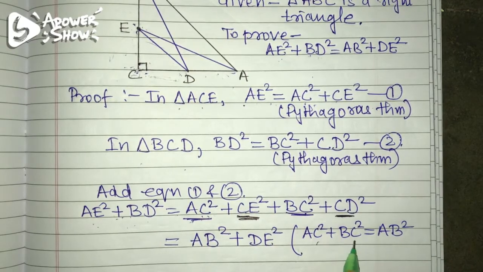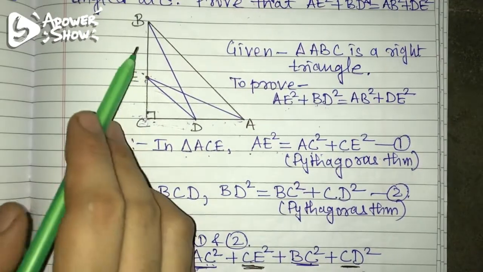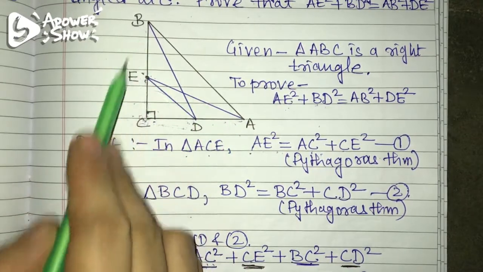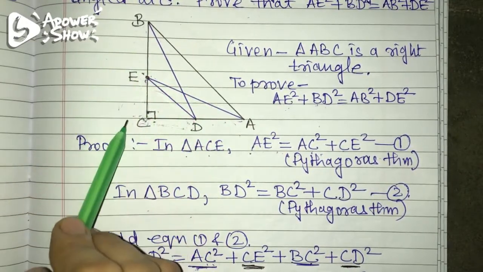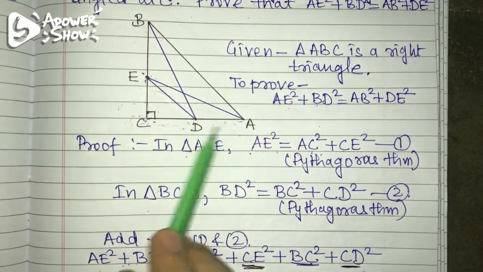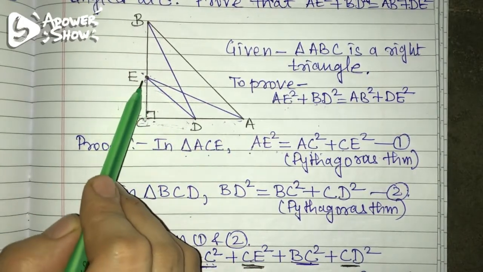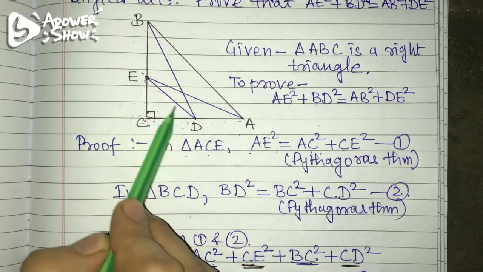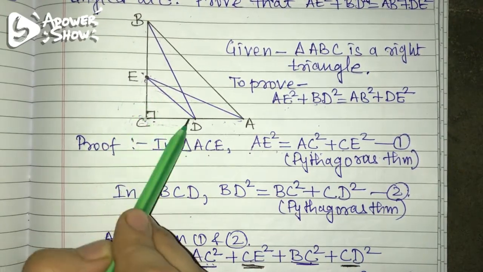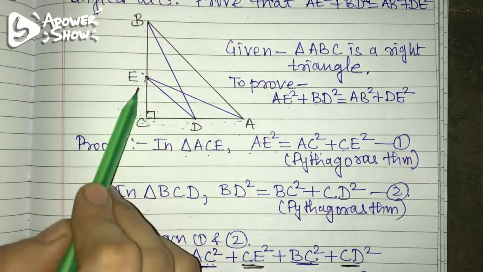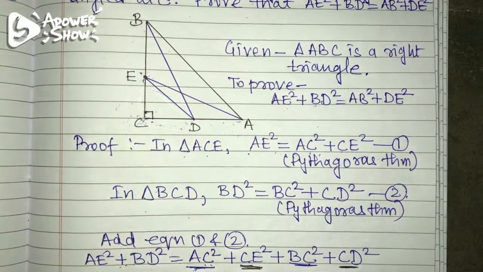Why? Because AC square plus BC square equals AB square. This is obtained by applying Pythagoras theorem on this triangle ABC. In the bigger one, we applied Pythagoras theorem and we get AB square equals to BC square plus AC square. And after that, I have applied Pythagoras theorem on this smaller right triangle DCE. In this triangle, we have DE square equals to CE square plus CD square.